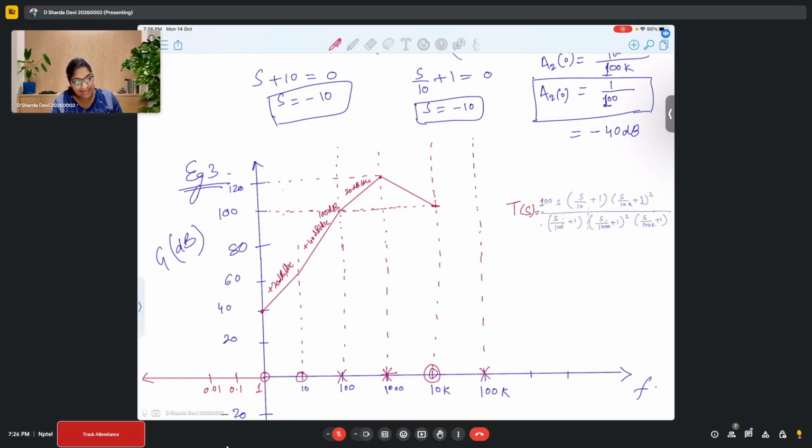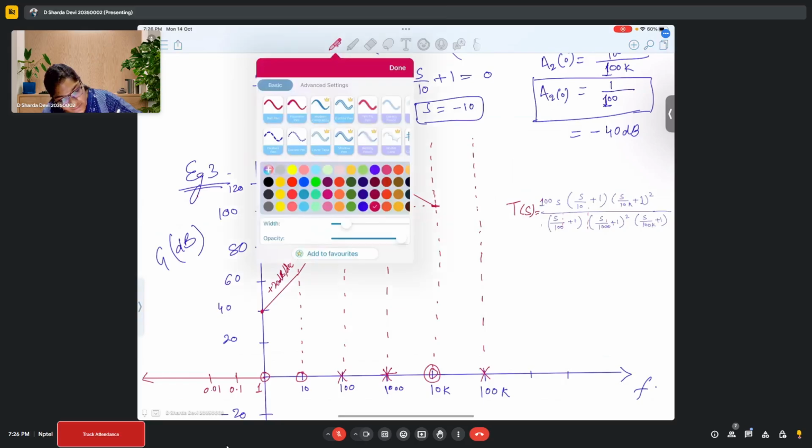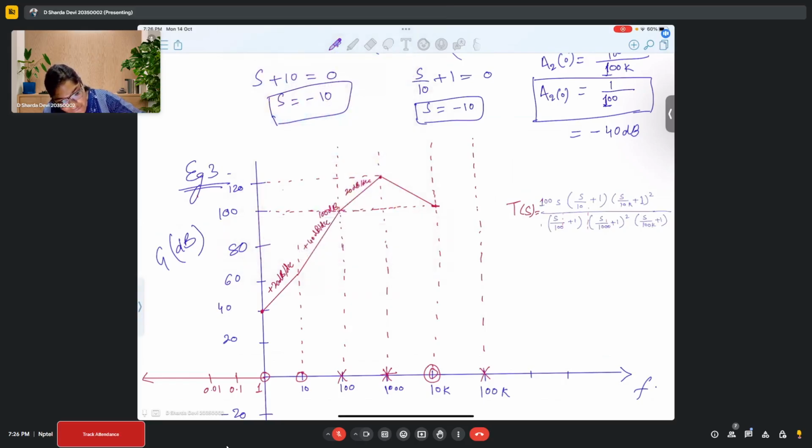Now at 10K you have two zeros. So at 10K if you have two zeros, first of all the slope will increase by plus 40 dB per decade. So currently what is the slope?